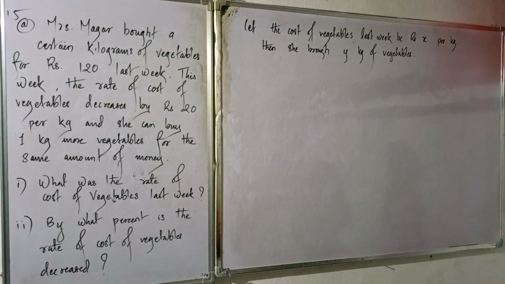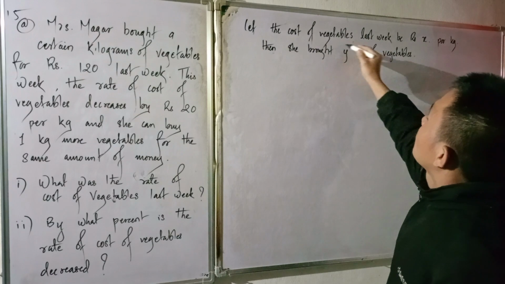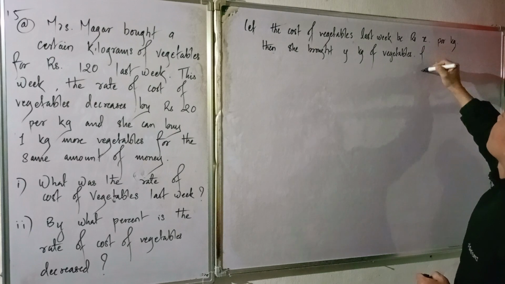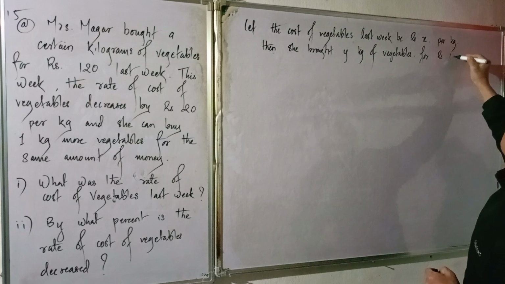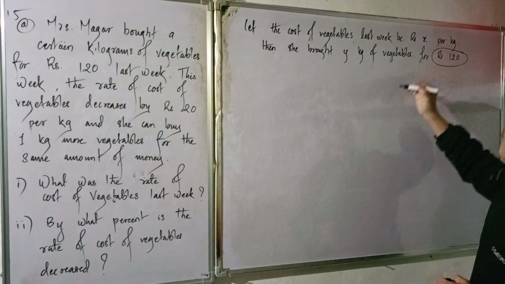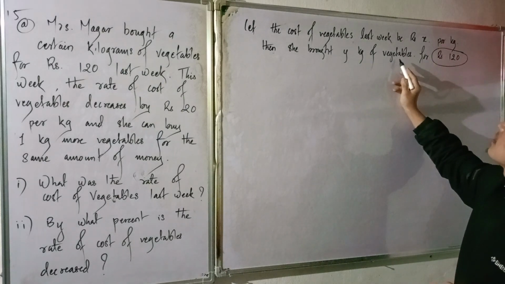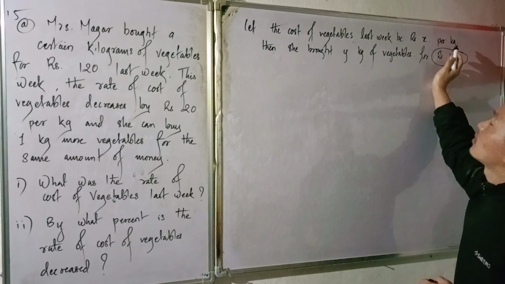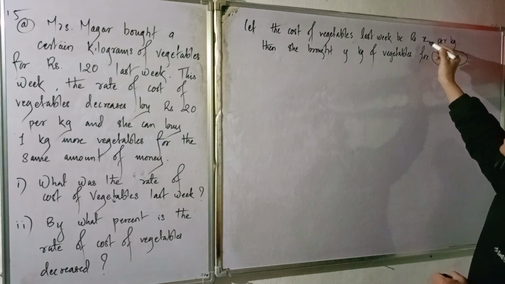She brought y kg of vegetables for rupees 120. So with this 120 rupees, she brought y kg of vegetables costing x per kg. So each kg costs rupees x.